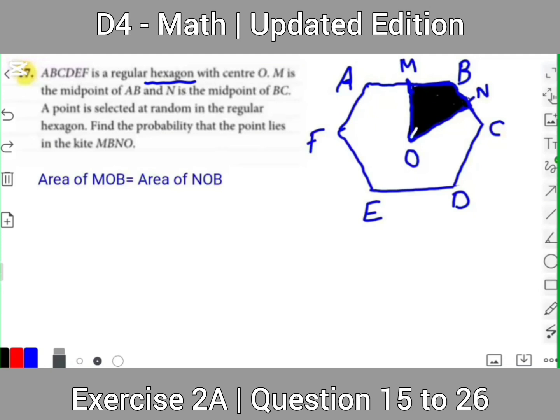The area of MOB is equal to the area of NOB. The area of NOB is equal to half of the area of AOB.